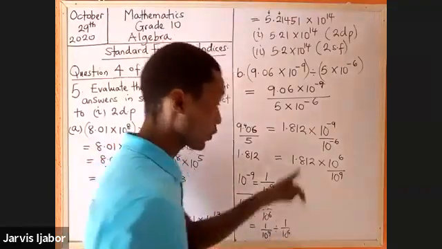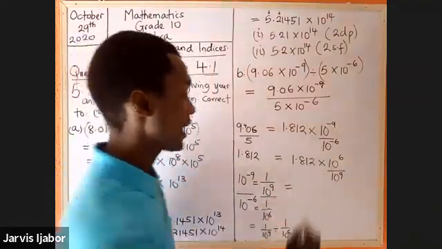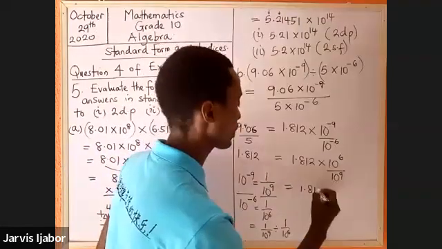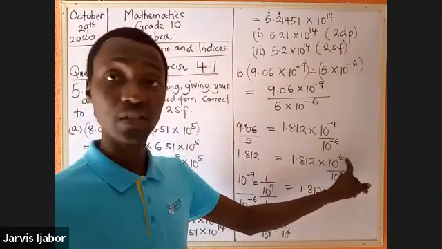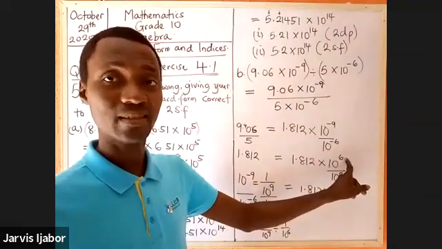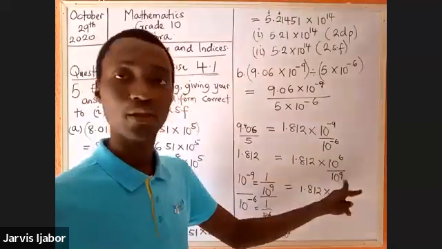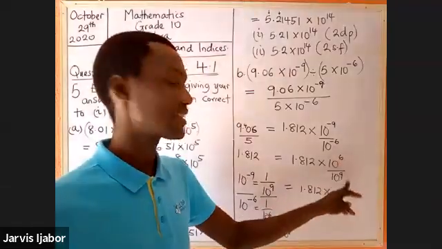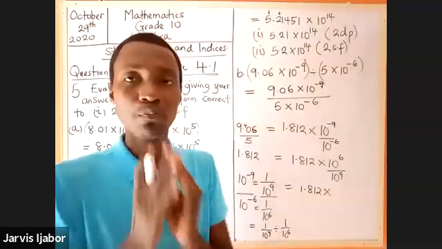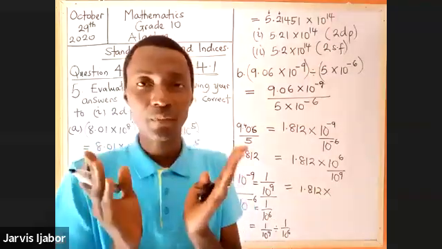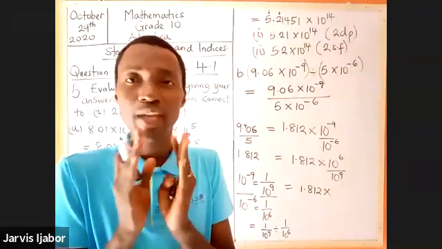Now, when you divide, you discover here that this will be 1.812 times 10 to the power of 6 over 10 to the power of 9. You discover that this is less than this. 6 minus 9 will mean that there's a deficiency of what? 3. We need 3 more to be able to get to 9.